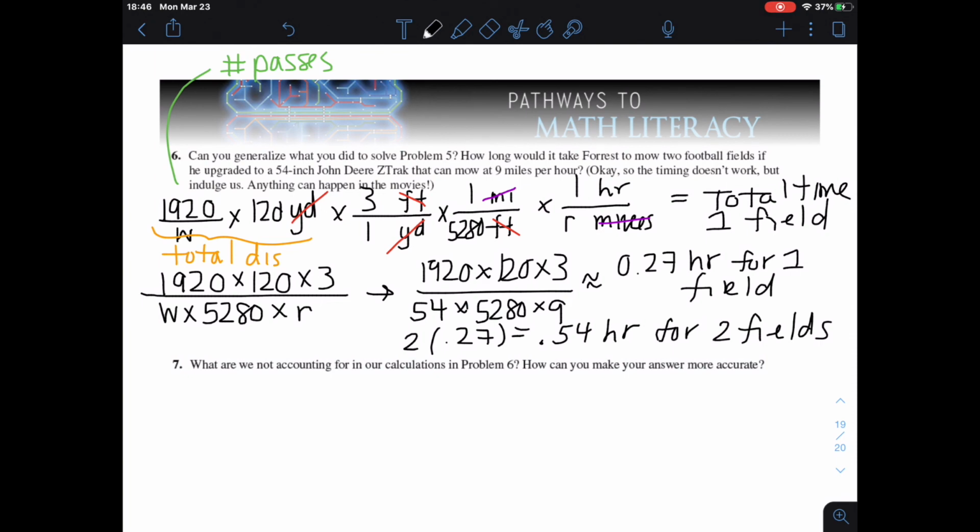The main thing we're not accounting for is that he's making this pass, going forward, and then he's got to turn around. So in the case that he's making 70 passes, if the turnaround even takes like 10 seconds, that's still extra time that's added on. So we're not accounting for turnaround time.